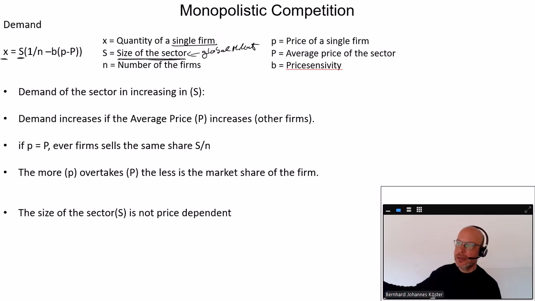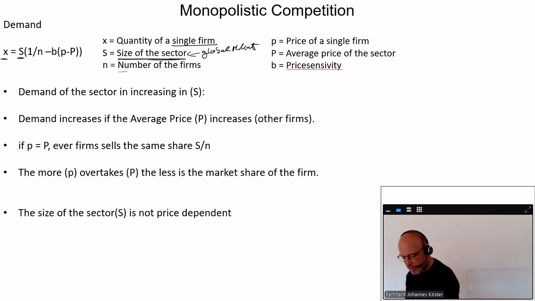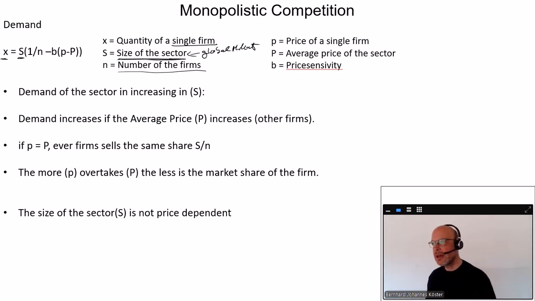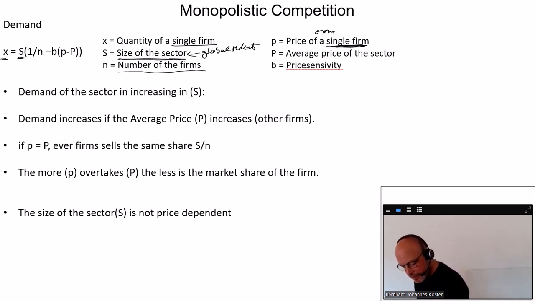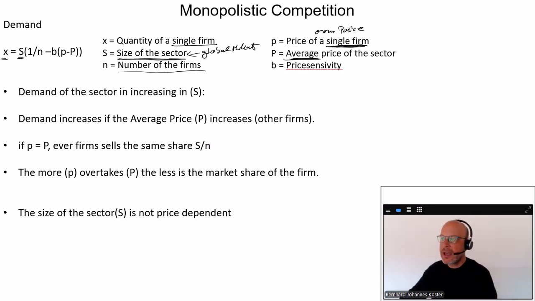Of course, we are depending on the number of firms. How many competitors do we have? And then this is the important part. We have our own price, small p, and large capital P, the average price.